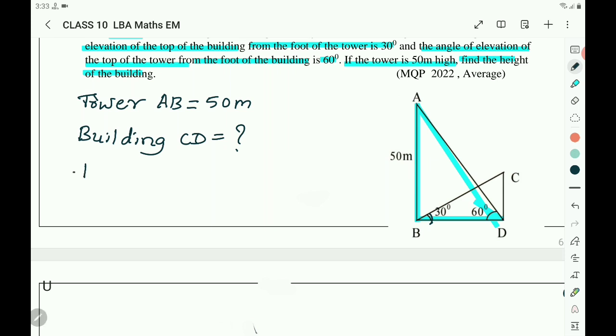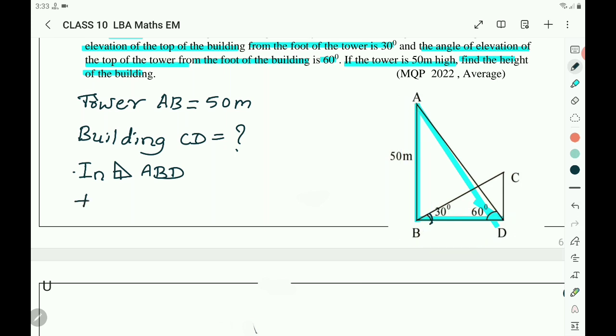To take in the right angle triangle ABD. Here angle ABD is right angle, AD is the hypotenuse. For this angle 60 degree angle, AB is the opposite side and BD is the adjacent side.